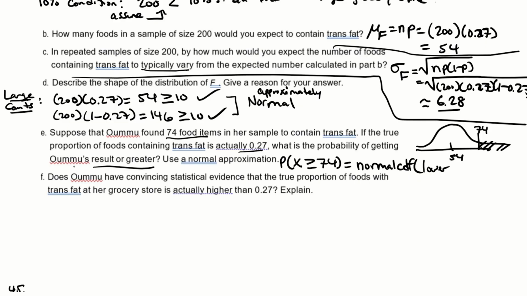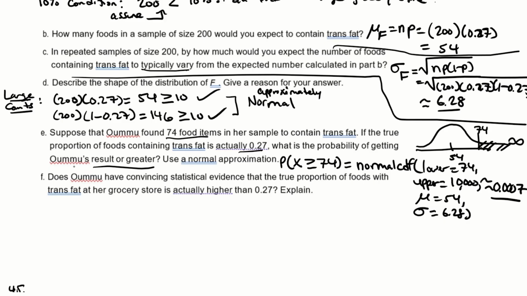The upper is infinity, or a really big number, so 10,000. The mu is 54, and then the sigma is, we said, 6.28. So if we calculate that for Omu, we get about 0.0007. Okay, so that's for part E.